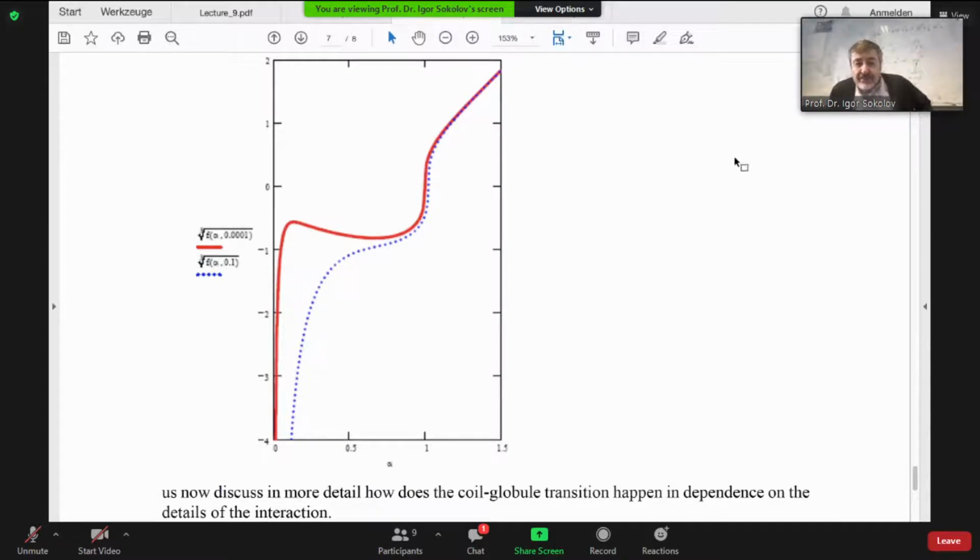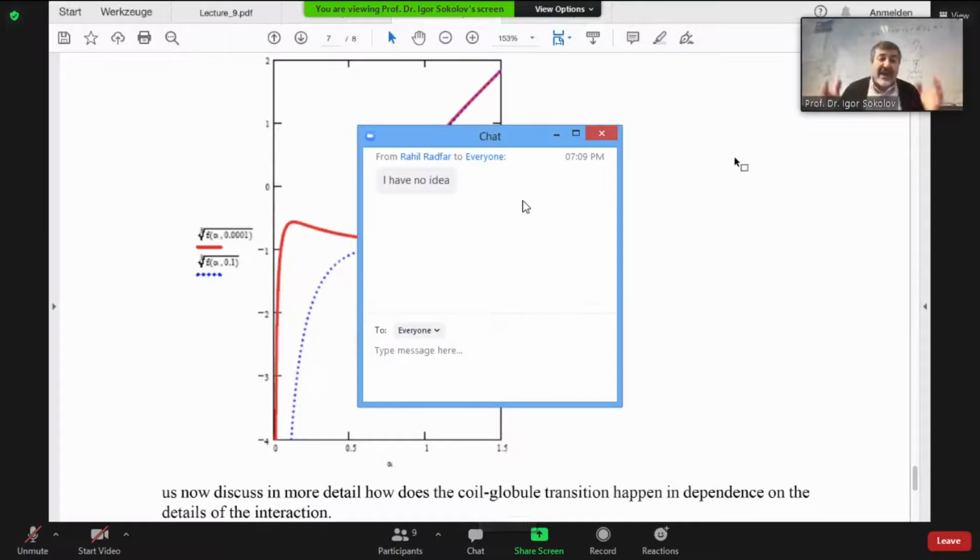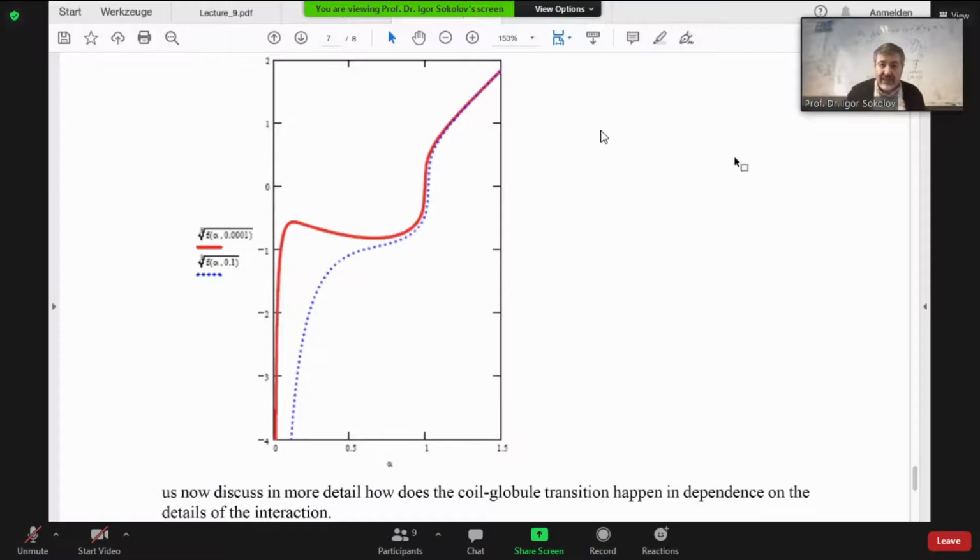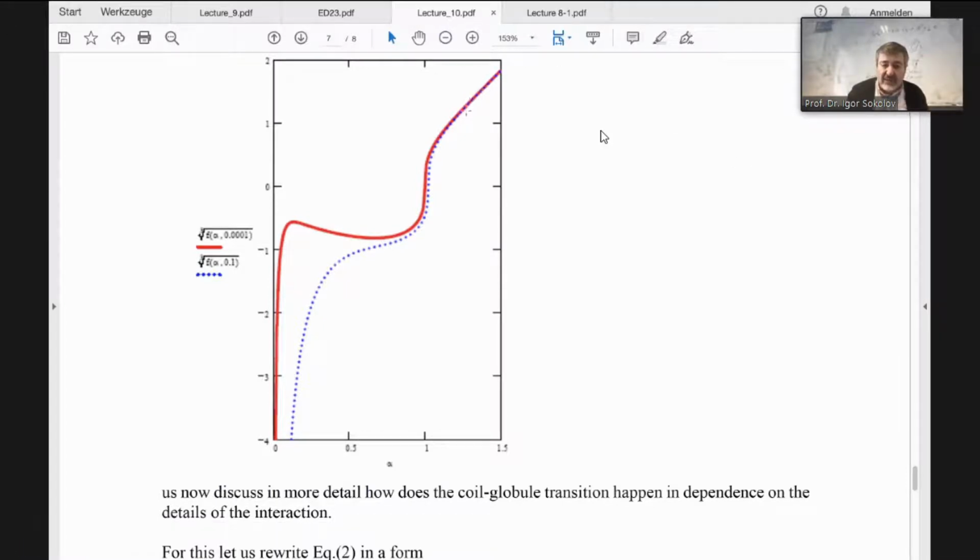First, at any temperature, the chain has anyhow some size. Not that it disappears, it is there. So now I lower the temperature and the size decreases. It decreased up to here. Now it cannot decrease anymore following this function. What happens? It jumps to this branch and then continues going down.